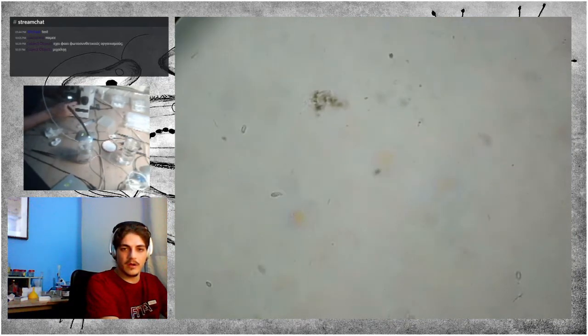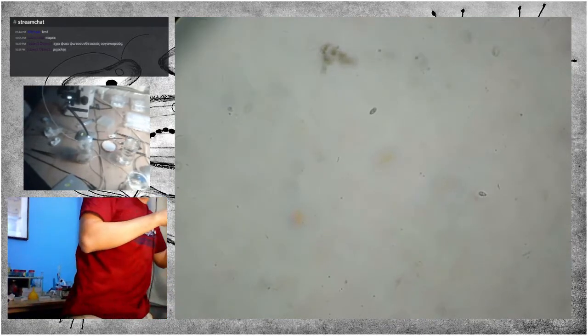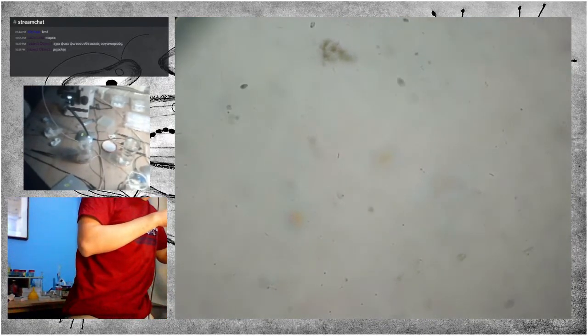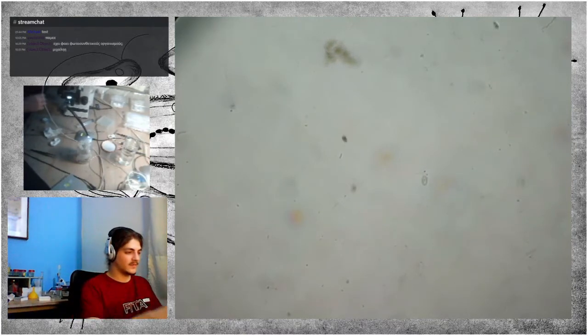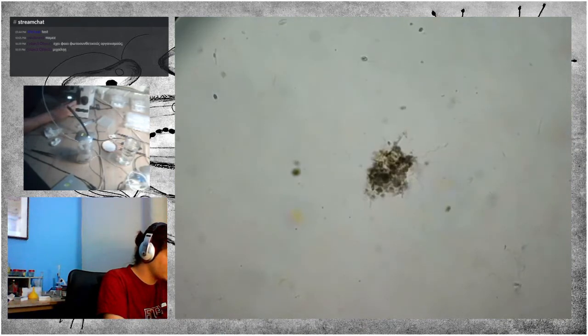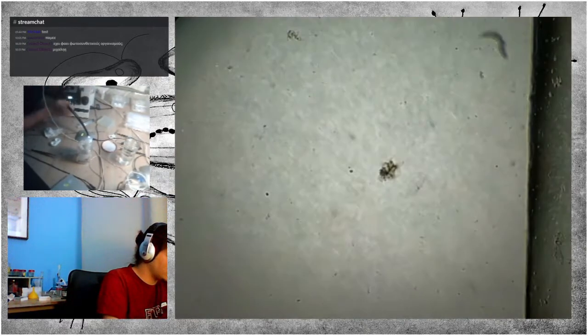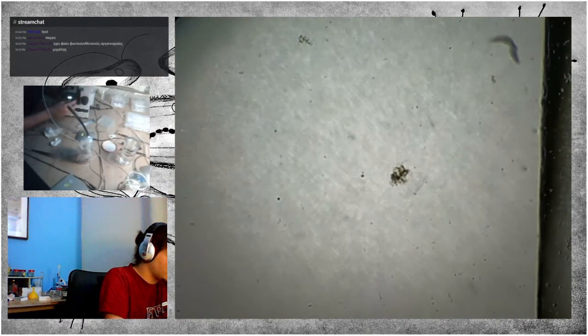Now let me adjust a bit the form on top of the... there we go. Now I'm already seeing lots of stuff. Let's zoom out again.